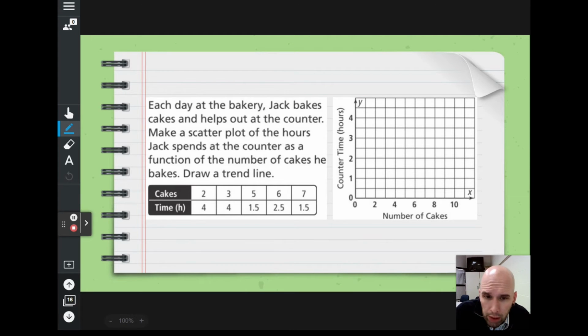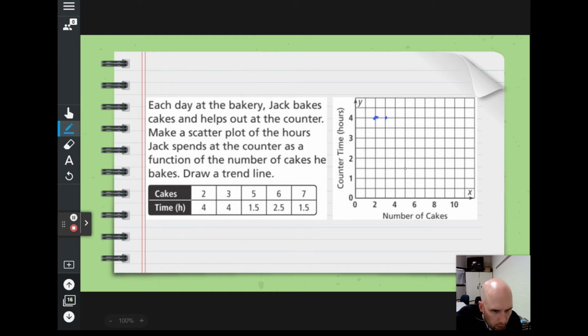Each day at the bakery, Jack bakes cakes. Good for you, Jack, and helps out at the counter. Make a scatter plot of the hours Jack spends at the counter as a function of the number of cakes he bakes. Draw a trend line. All right, so 2 cakes, 4 hours. 3 cakes, 4 hours. 5 cakes, 1.5 hours.